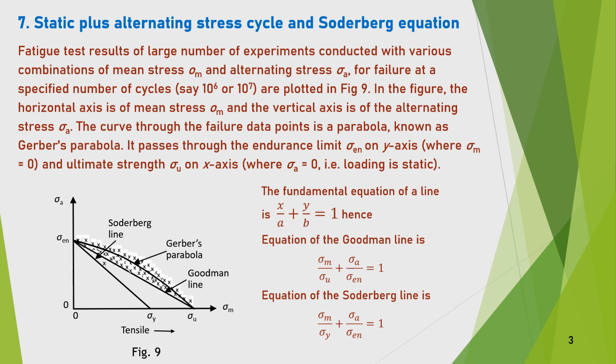Hence, equation of the Goodman line joining the points 0, sigma En and sigma u, 0 would be sigma m divided by sigma u plus sigma a divided by sigma En is equal to 1, and the equation of the Soderberg line extending from 0, sigma En to sigma y, 0 is sigma m divided by sigma y plus sigma a divided by sigma En is equal to 1.